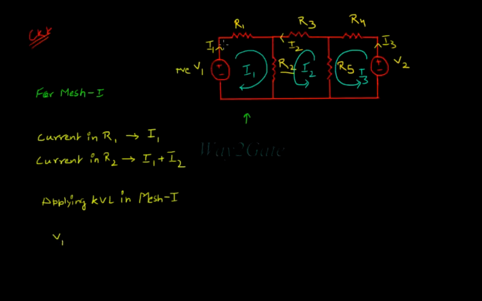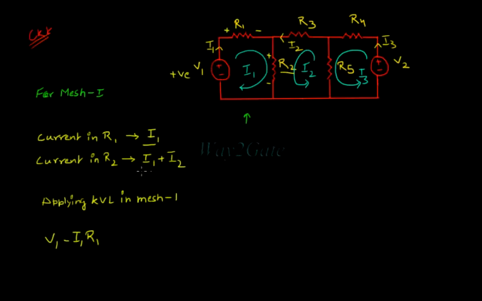Due to voltage drop across R1, minus I1 R1, and similarly there is a voltage drop across R2.